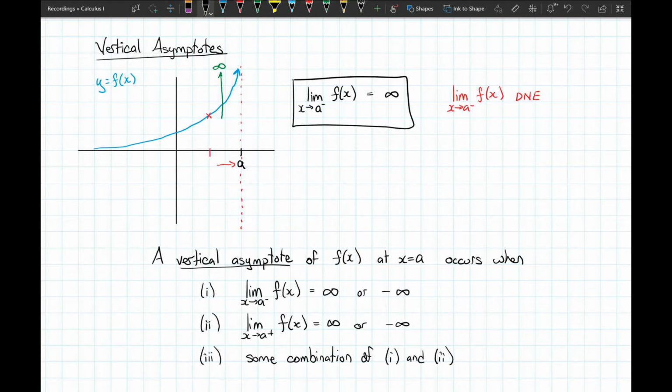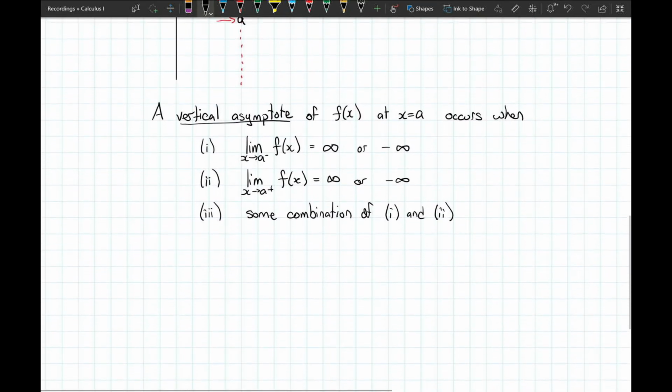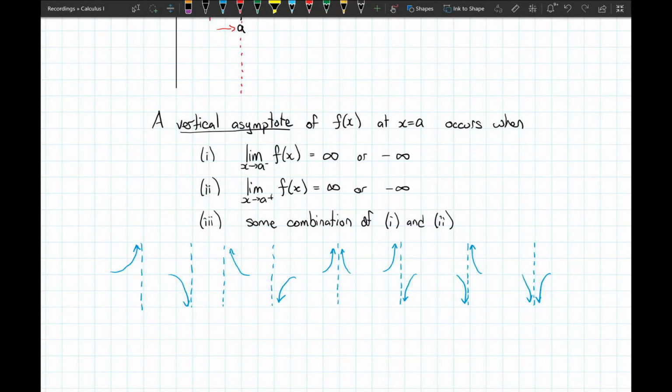Either the limit of f of x as x approaches a from the left is positive or negative infinity, in which case that's shooting off the graph upwards or downwards on the left-hand side, or the limit as x approaches a from the right-hand side would result in going off to infinity or negative infinity, or possibly some combination of left and right, both of them or one of them being positive or negative infinity. So there's several different situations where we could have an asymptote from one perspective on the right or left, and many different combinations.